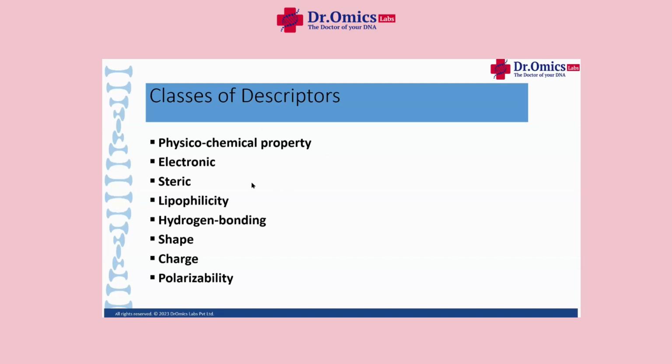The physicochemical properties, electronic properties, steric properties, lipophilicity, hydrogen bonding, shape, charge, all these things will be considered. All these are represented in a numerical map. They are not a direct structure; it is converted into numerical form.